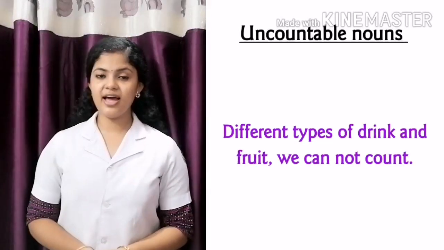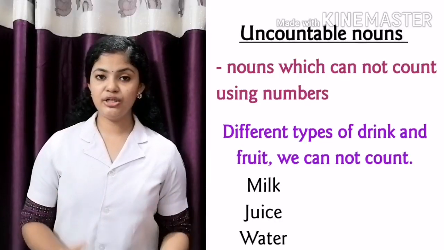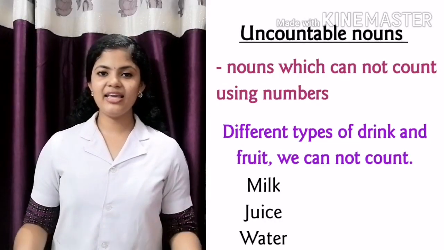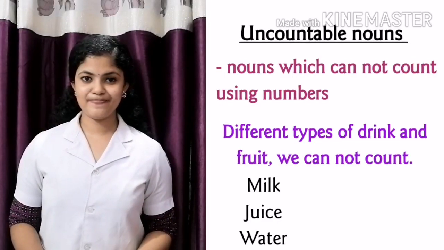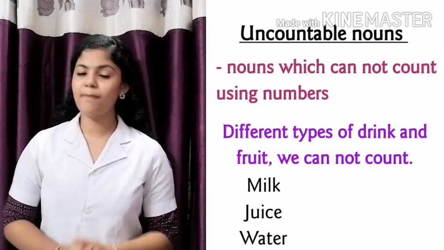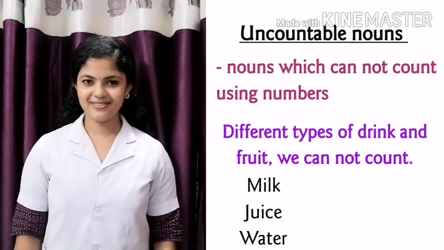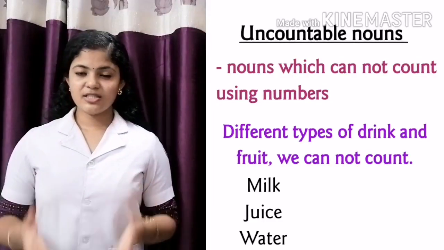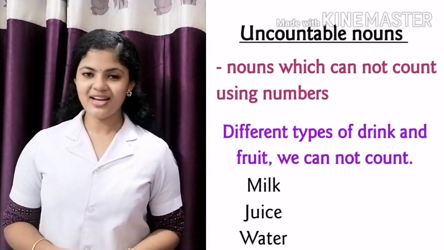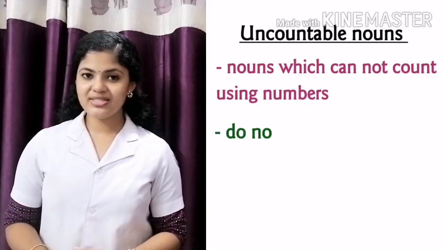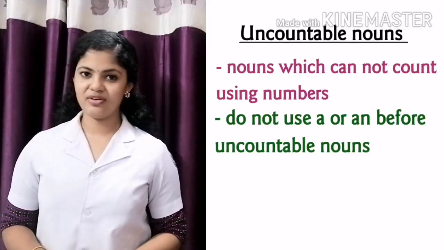Different types of drinks and food that we cannot count. For example, milk, juice, water. I cannot say I have a juice or I have 2 juices or I have 8 juices, but I can say I have 8 glasses of juice. So that's the difference. So uncountable nouns are the nouns we cannot count using numbers. We do not use a or an with uncountable nouns.